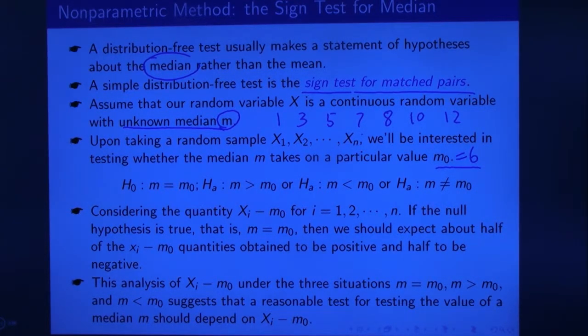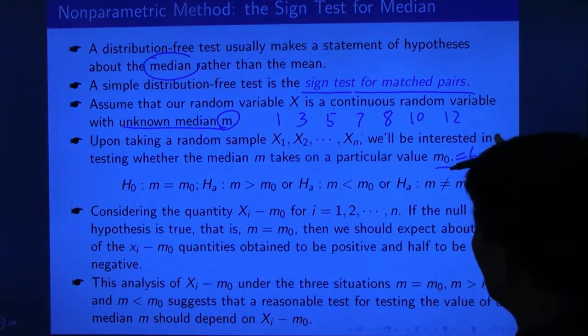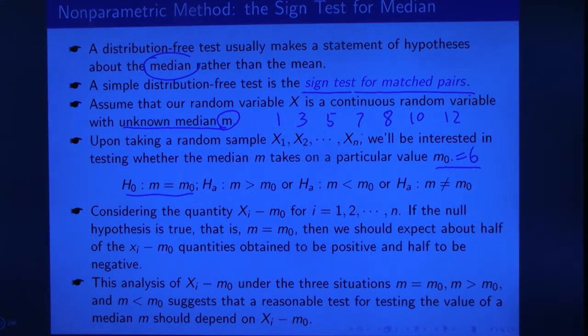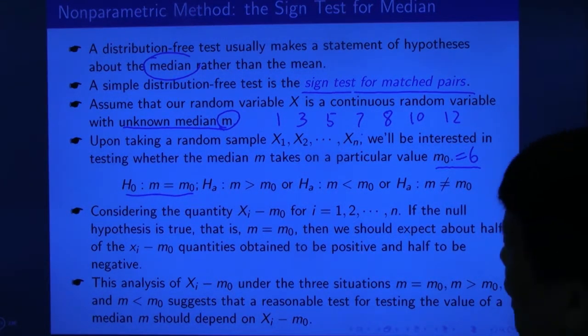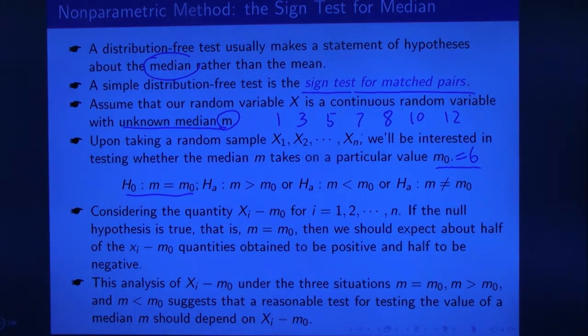Our hypotheses are H0: the median of the set of data is 6. And HA, again, we have a one-sided test on the left-hand side and the right-hand side, or we have a two-sided test.